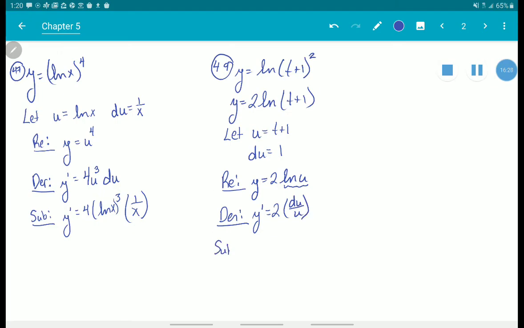And then if we sub back in, du is 1, u was t plus 1. So our derivative, I'm going to simplify this, is 2 over t plus 1. Final answer.